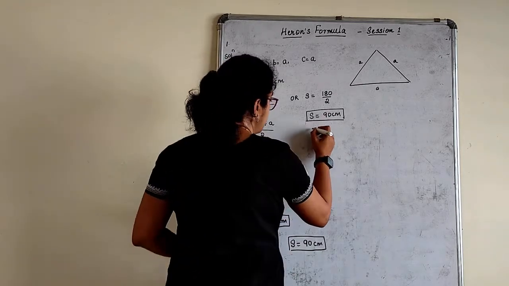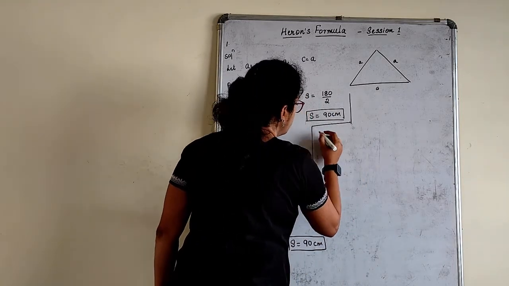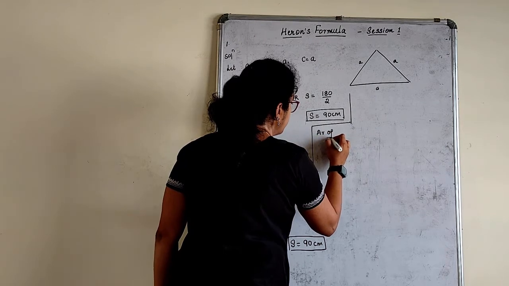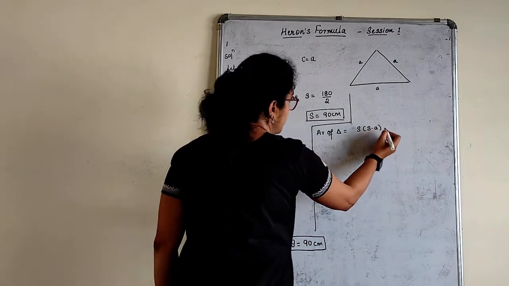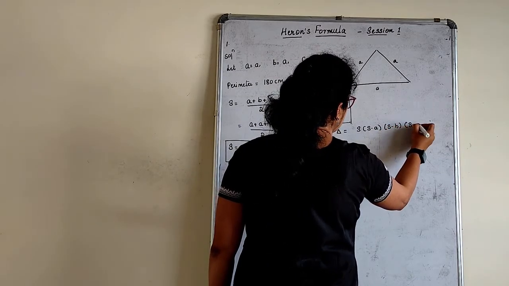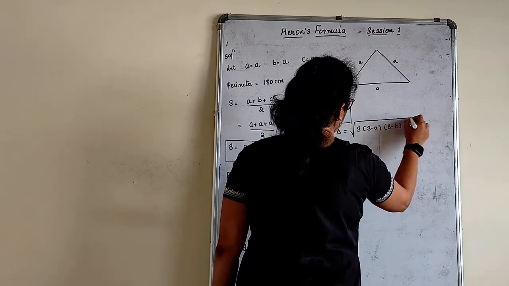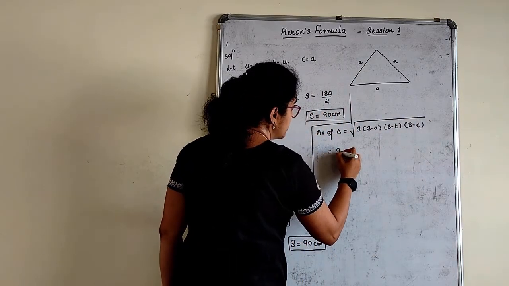Clear? So let's apply now. Area of triangle is equal to square root of s into s minus a, s minus b, s minus c. This root should be completed. Is equal to, what is s?